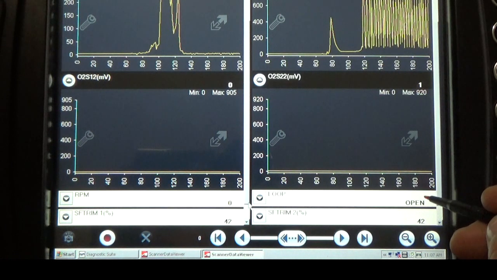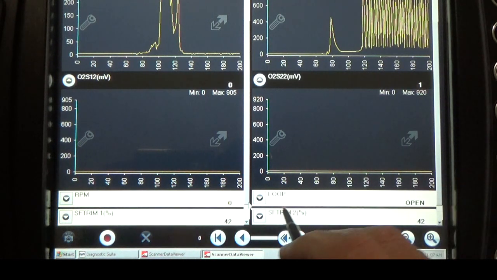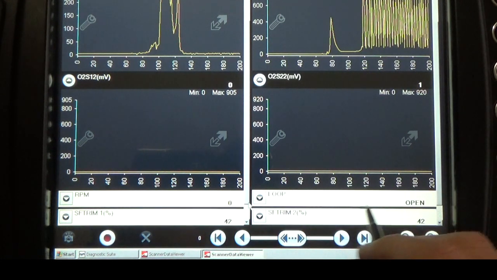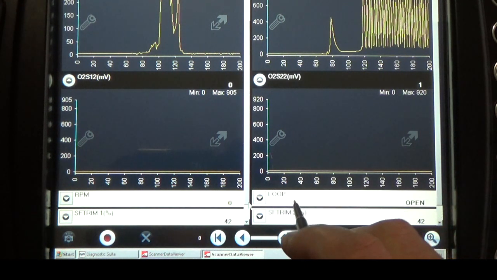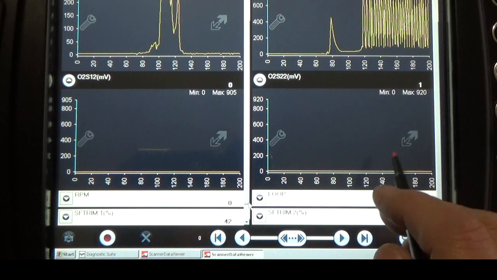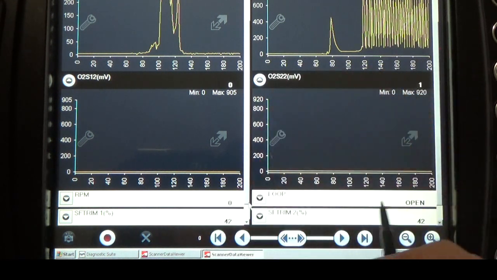Now this is open loop. When it's in open loop, the computer is not managing the engine. When it's in closed loop, the computer takes management of the engine.